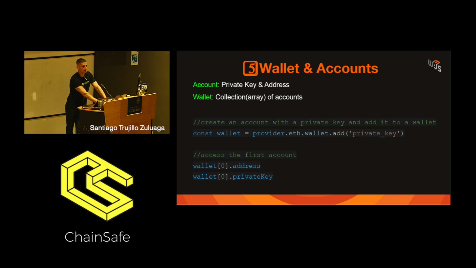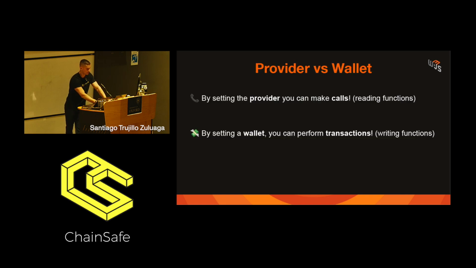Are you familiar with private keys? Do you know what's a private key? Yeah? Okay, perfect. And then with your private key, you can initialize the wallet. The wallet is an array, so you just access the first position of the array by typing wallet[0].address or .privateKey, and then you can access the wallet that you just initialized.